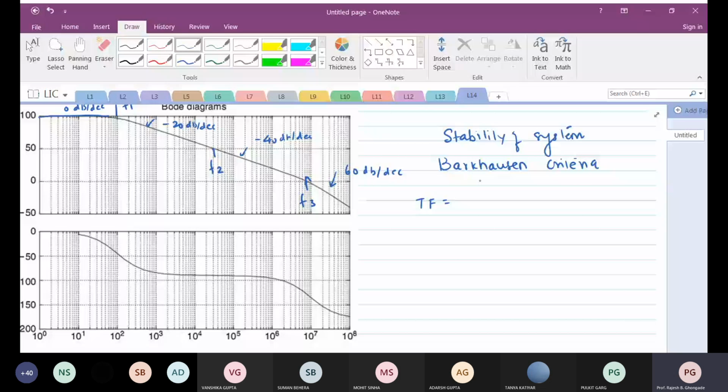Just hold on for a second. Okay, it was something like A divided by 1 minus A beta. Was it this? Yes?